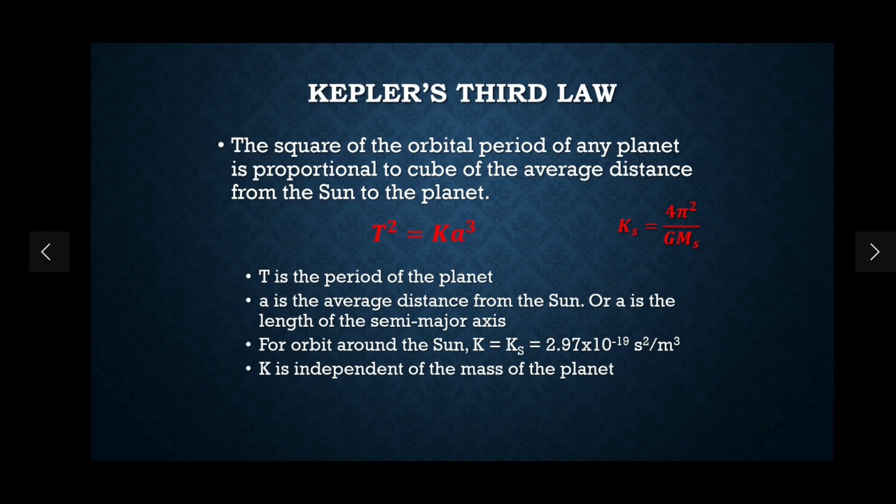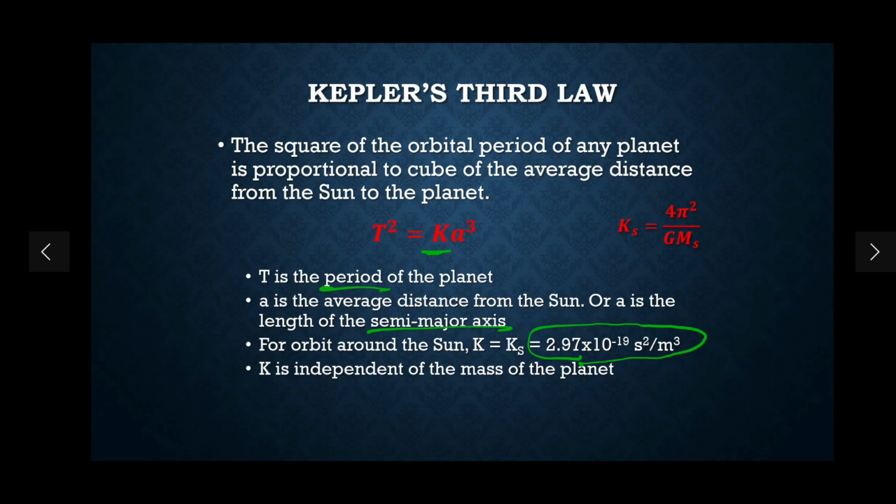Let's also talk about Kepler's third law, that the square of the orbital period of any planet is proportional to the cube of the average distance from the Sun, or T squared equals K times a cubed, where T is the period of the planet and a is the average distance from the Sun, the length of the semi-major axis. For orbit around the Sun, K is 2.97 times 10 to the negative 19.